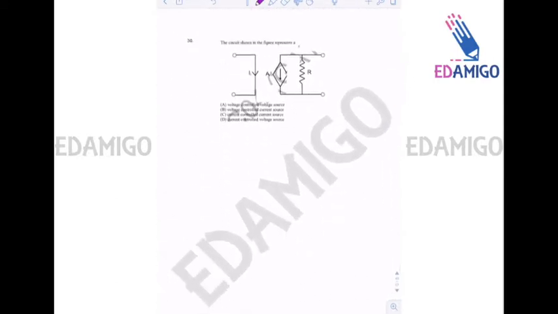Now let's move to question number 30. A very simple question. The circuit represents a voltage controlled voltage source, voltage controlled current source, current controlled current source, or current controlled voltage source. Here it's a current source because it is representing the current source and it is depending on the current flowing in another branch.